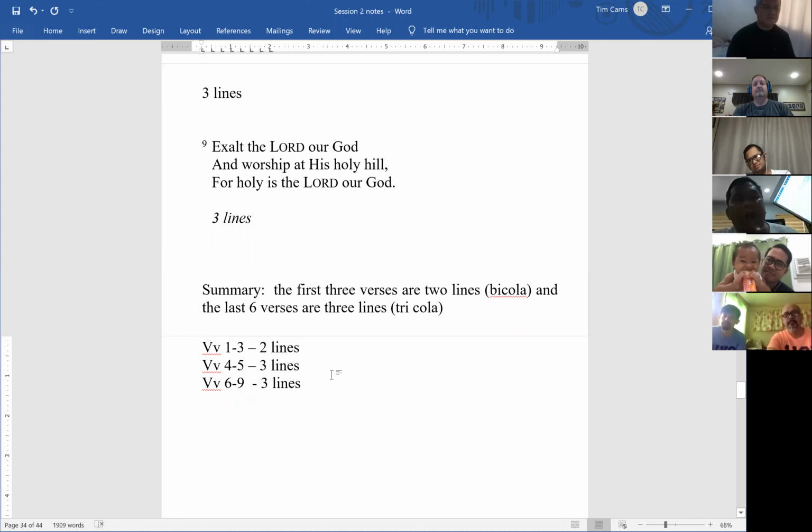On an iPad, we cannot really see how many lines there are. The electronic versions will not show the lines very well. You have to choose a particular Bible app, and even the Bible apps may just have the text, but they don't show the lines.